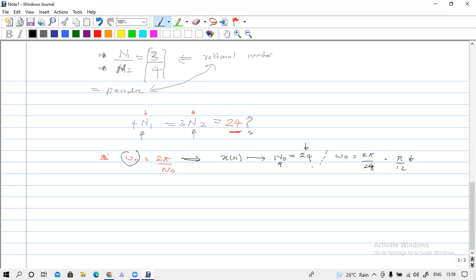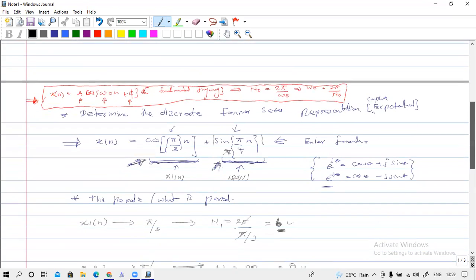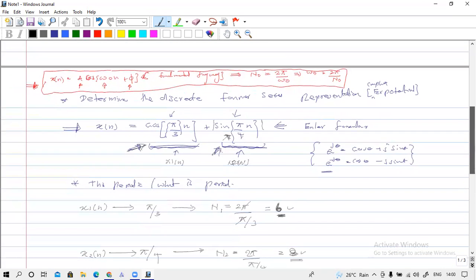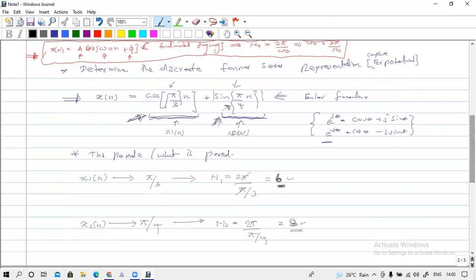So we got that fact. Then we will move on. Now we know the fundamental period. Then this has a cosine and sine signal.